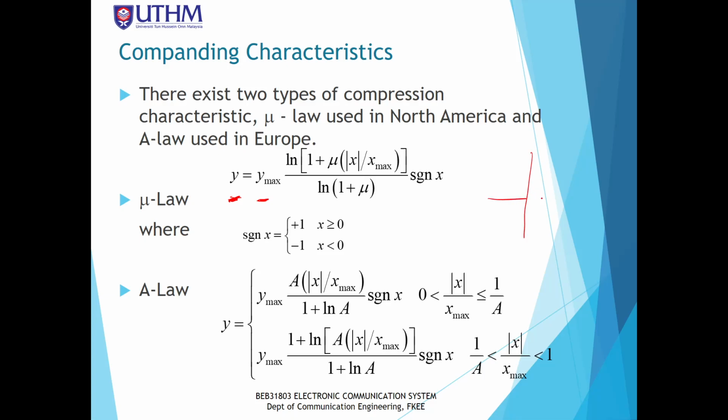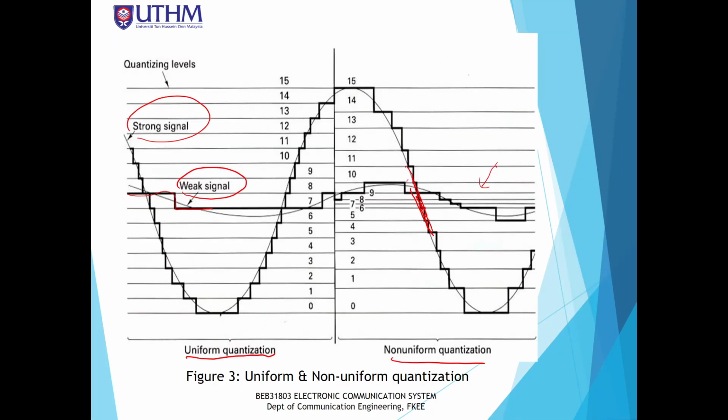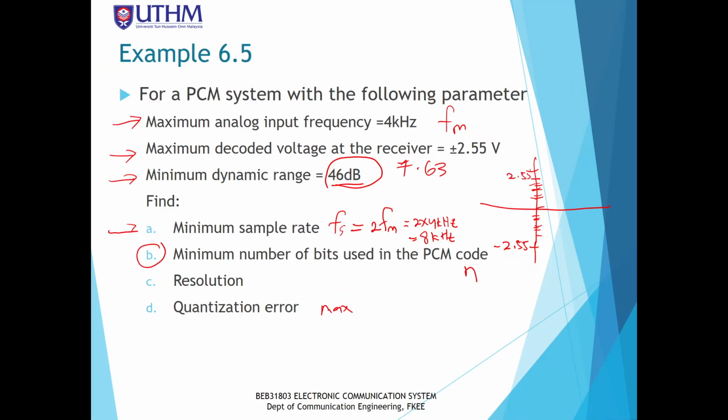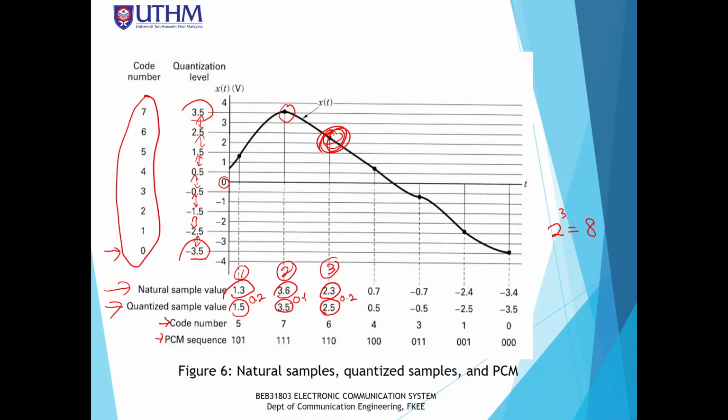So we have seen previously, for example, the levels. Where can I show you about this? Wait. Okay, so for the maximum level, for example, the y max would be 3.5.